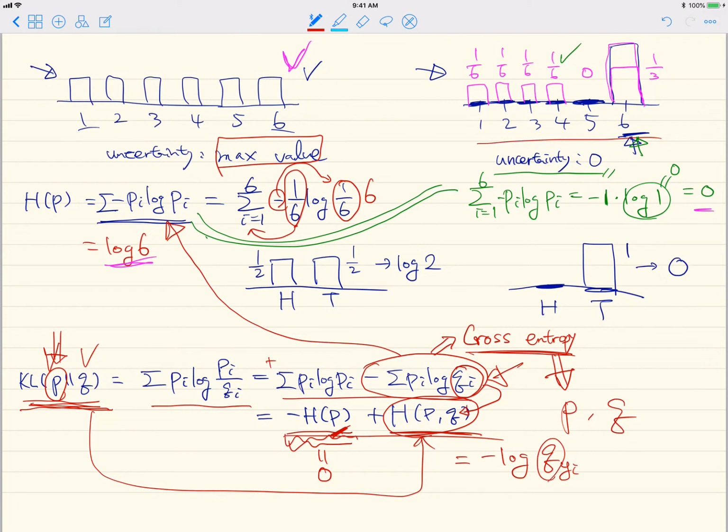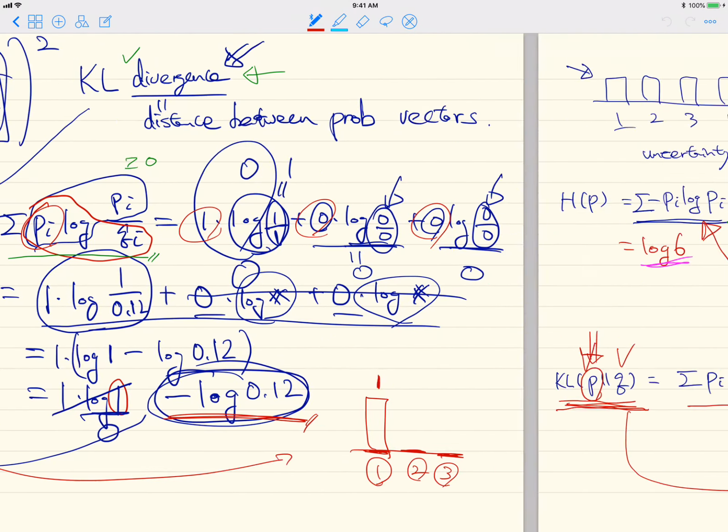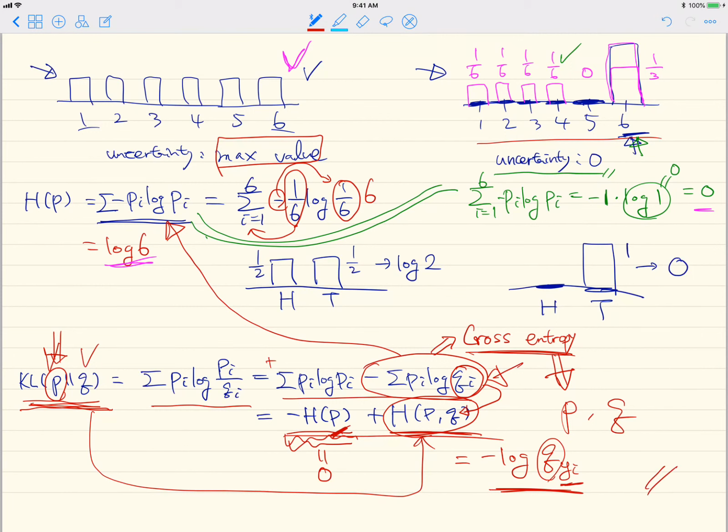And this q is the prediction value from our model, and the yi is the ground truth label, right? And then this is our softmax loss that we studied, like here, right? So this is frequently called the cross entropy loss, due to these relationships that we studied just now.